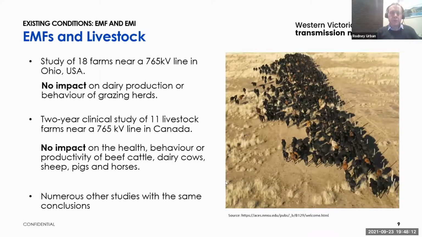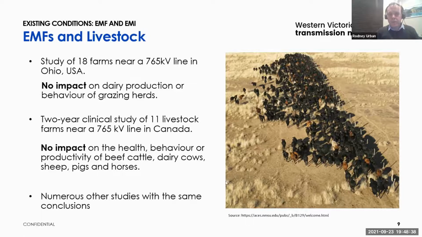The other concerns that were expressed within the community, in the feedback, were around livestock and the potential impacts of EMFs. This has also been studied over the past 40 to 50 years across the world. And we've highlighted a number of quite significant studies that have been done, and we've listed a few over here.